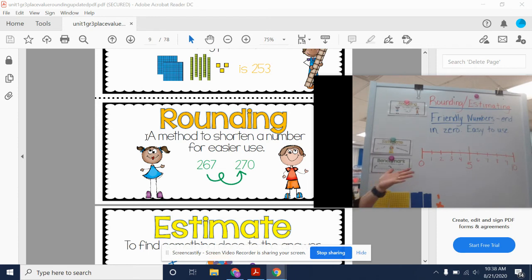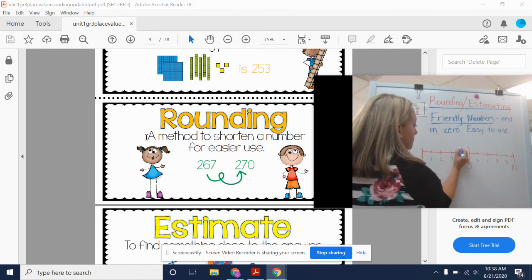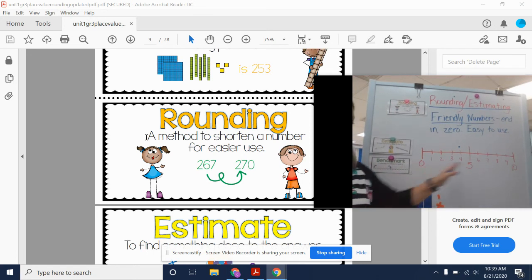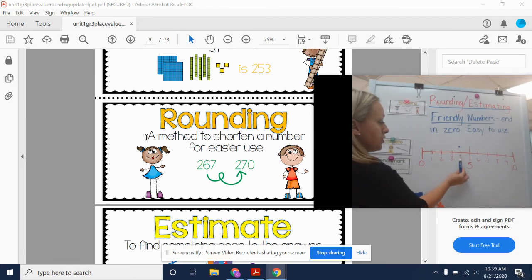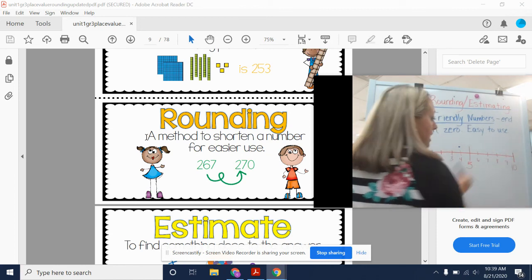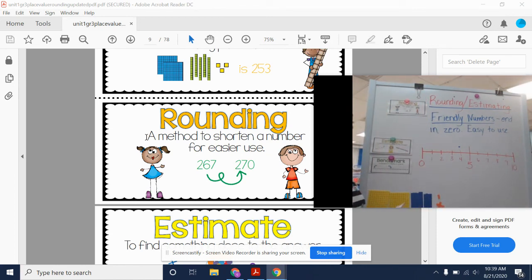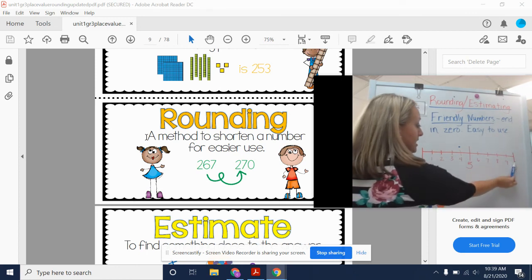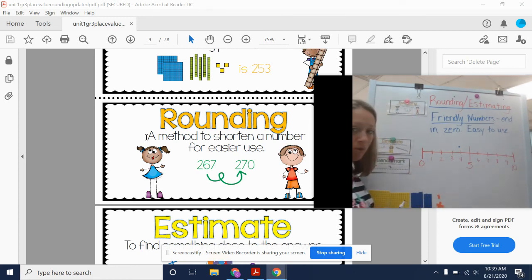If I wanted you to round to the nearest 10, the number 4. Let's do 4. Tens end in 0, okay? They're the friendly numbers. Am I going to round down here, or am I going to round up here? You want to pick the one that's the closest. Is 4 closest to 10, or is 4 closest to 0?